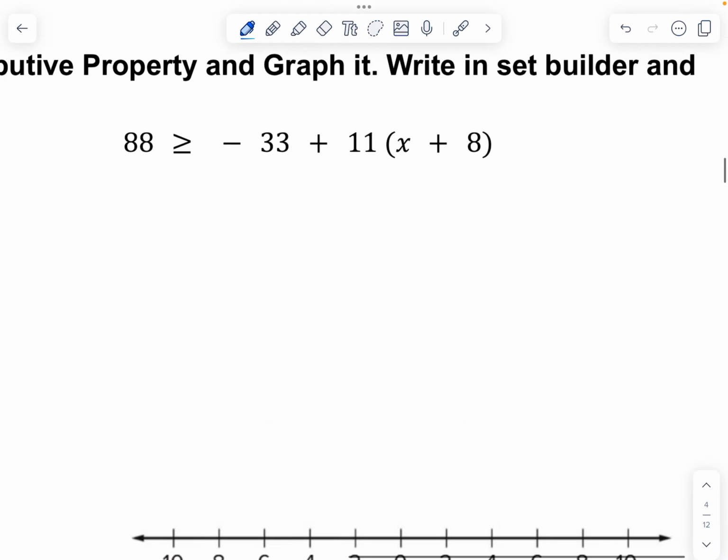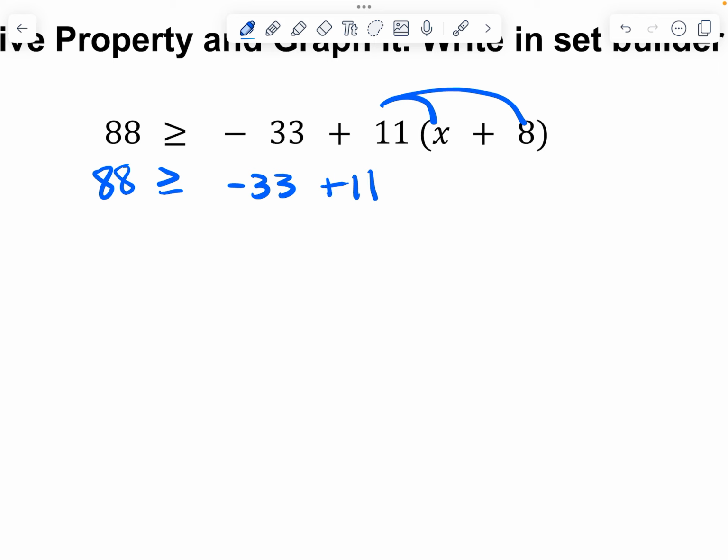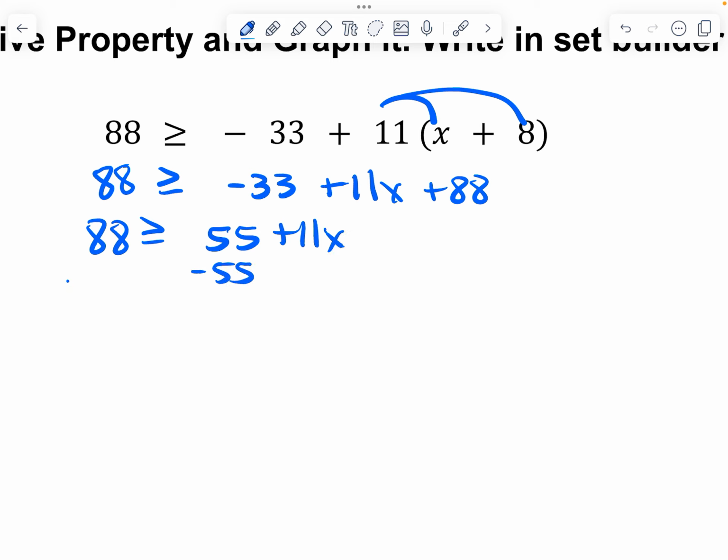Over here, there's nothing to do on the left-hand side, so I just write the 88. I do need to multiply this through, so I have negative 33 plus 11x plus 88. Combine like terms, and I get 55 plus 11x. Subtract 55. I get 33 is greater than or equal to 11x.